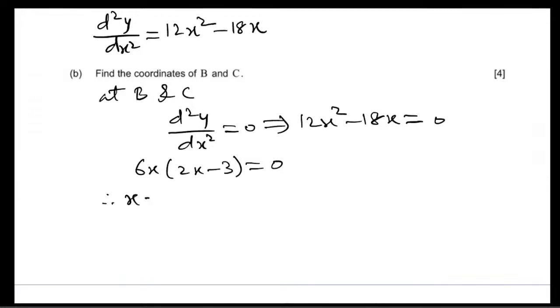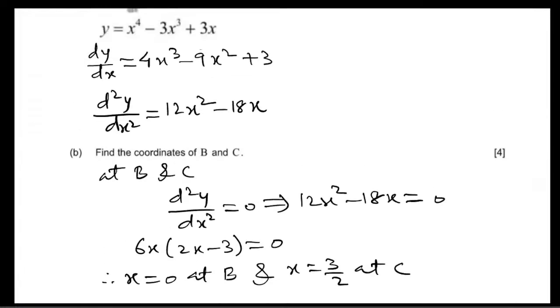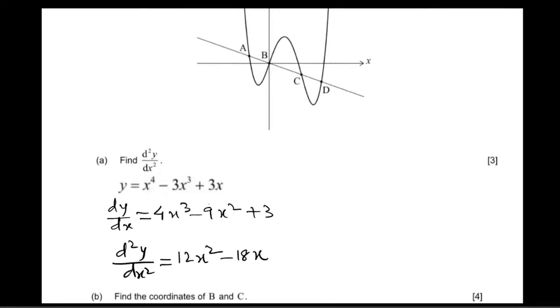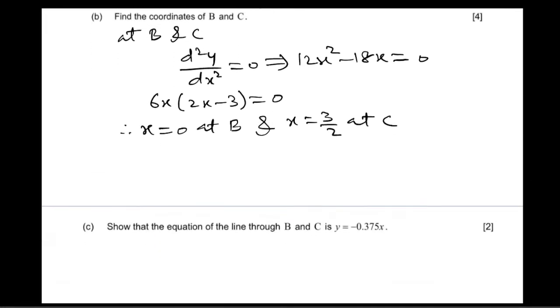So therefore x is equal to 0 at B and x is equal to 3 by 2 from the second bracket at C. Look at the curve. At B we have 0 and at C we have 3 by 2.